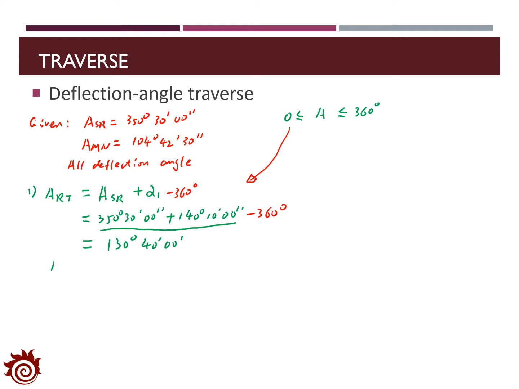We will have the azimuth of the line TU as 57 degrees, 20 minutes. AUV is 106 degrees, 50 minutes.